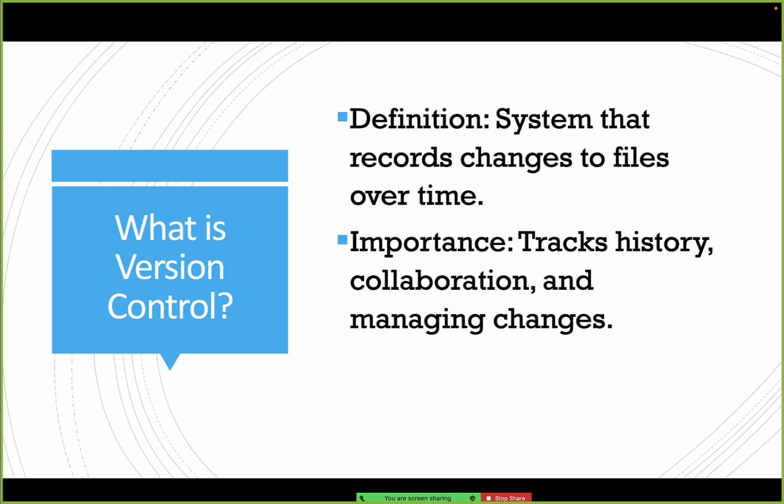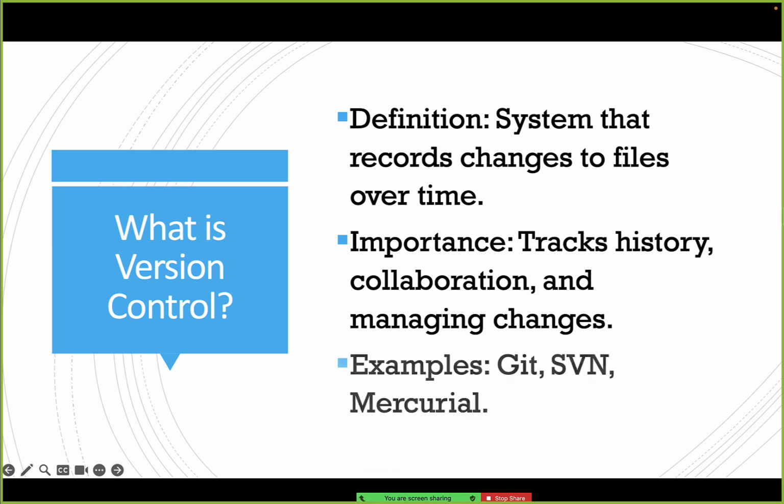So it helps with collaboration and also managing changes. Even if you make a change, you can retrieve it back. If two people have written the same function doing the same thing, with version control software you can decide which function you should take, and it will not even affect the entire system.